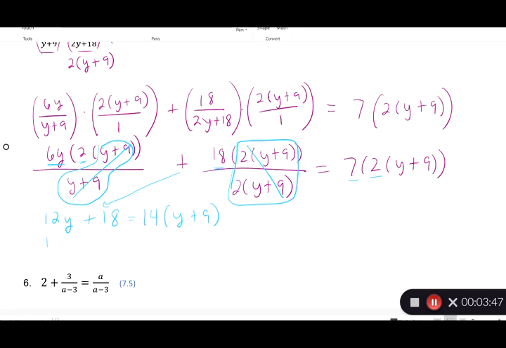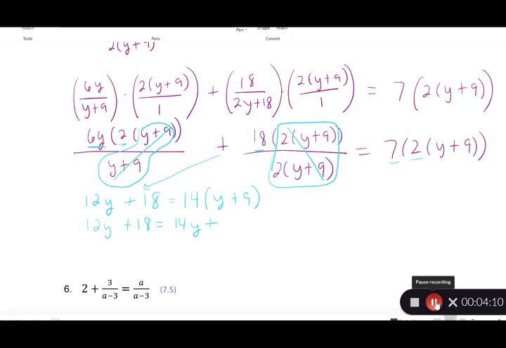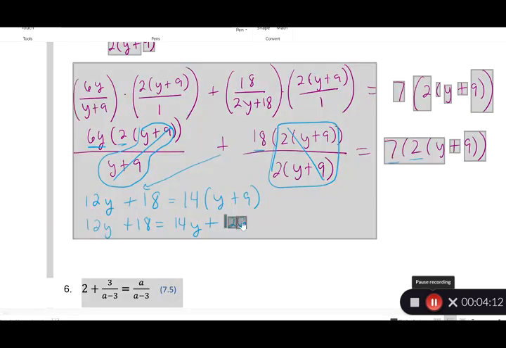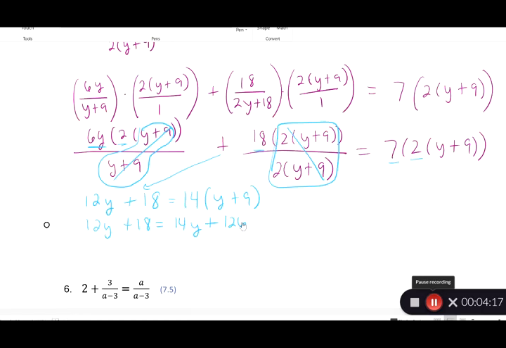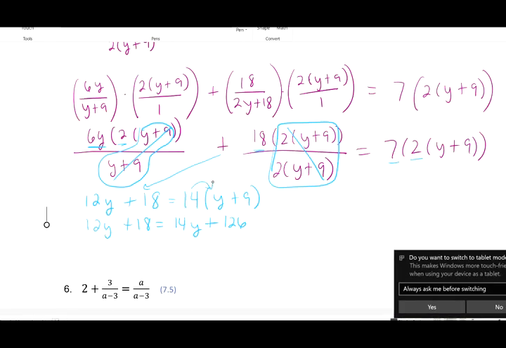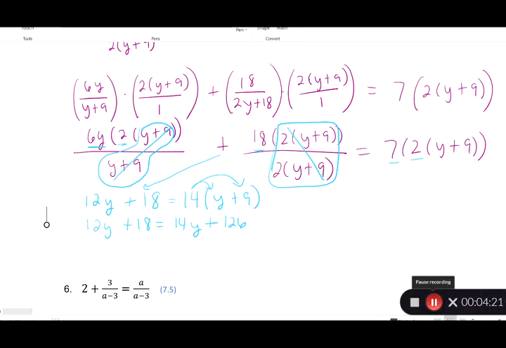Okay, so now I have 12y plus 18 equals 14y plus 126. So I distributed this 14 all the way through, the y and the 9. Okay, now I need to just solve for y. Now it's a basic equation and I can just solve for y.